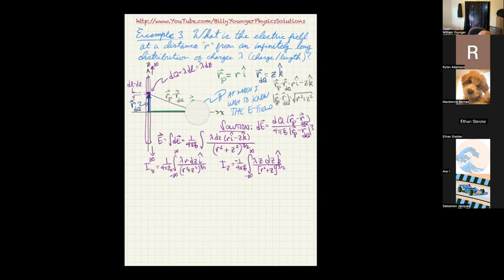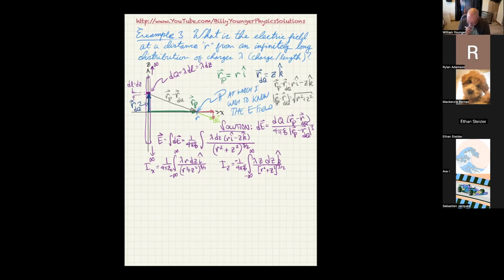So this right here is my dE vector. You see the dE vector has an x component and a z component.